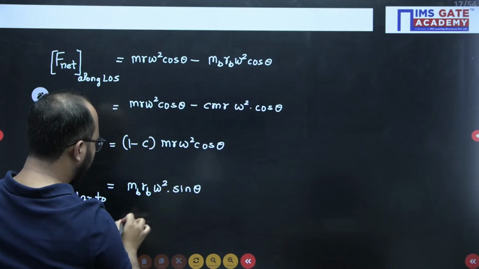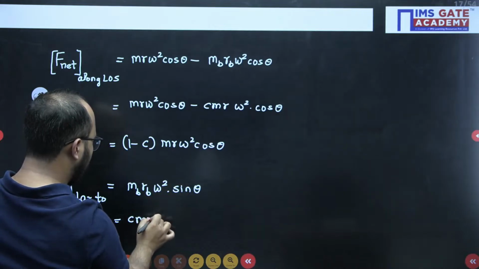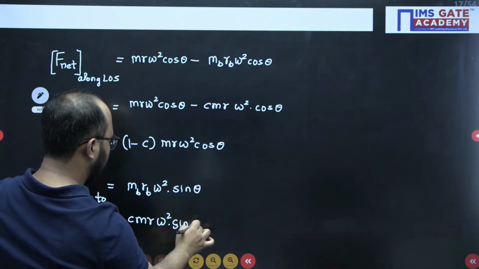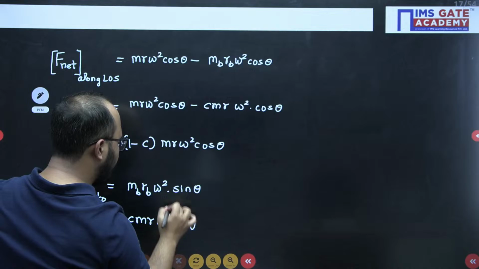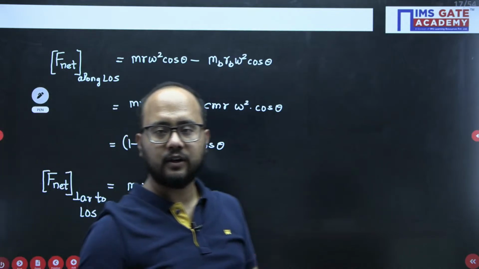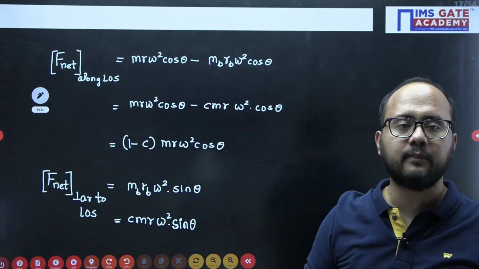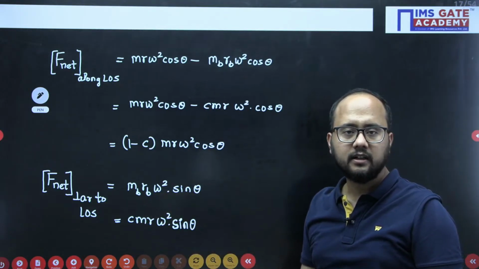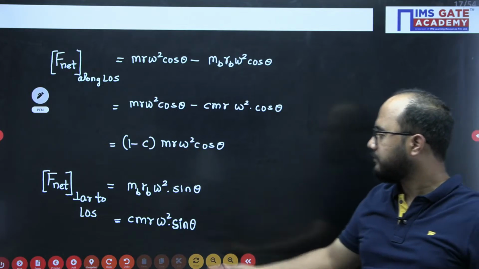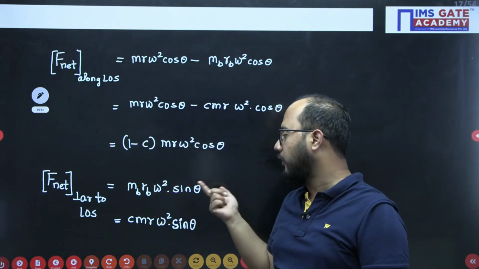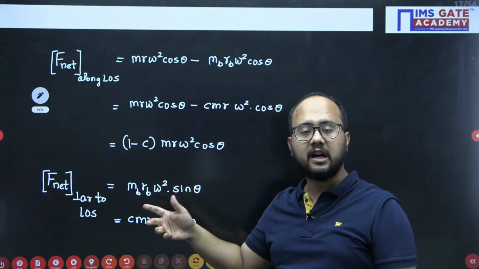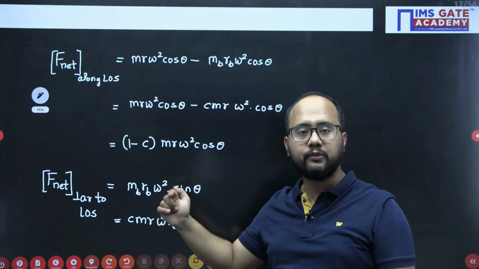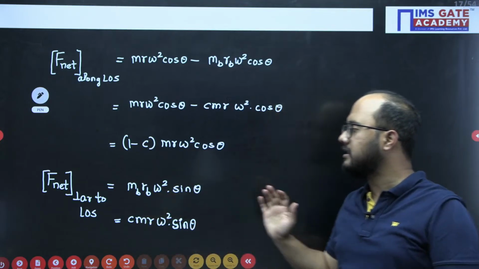So instead of MBRB, you can write C into M into R. Don't be confused if they have not provided the balancing mass in reciprocating masses questions. Because C is the fraction, we have to use it. Sometimes, if you remember only this formula and you don't know the conversion of MBRB into CMR, then you will be worried about the MB value, which is not even in the question. They will provide the value of C, so from the value of C you can get the answer.